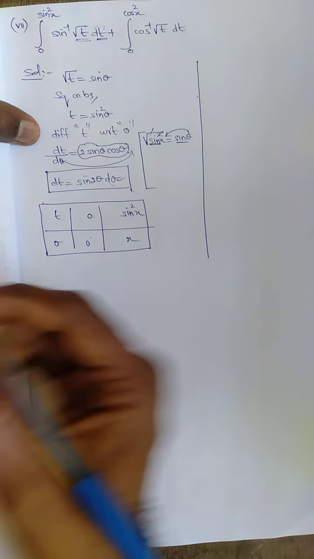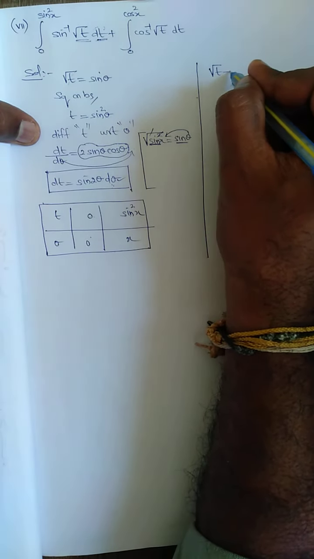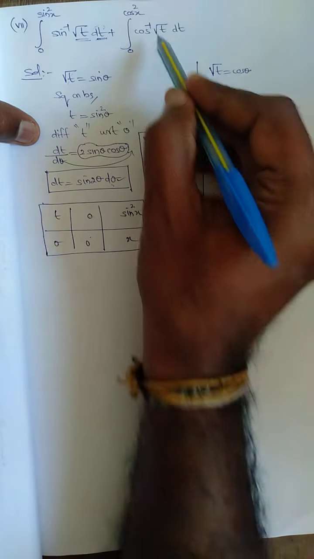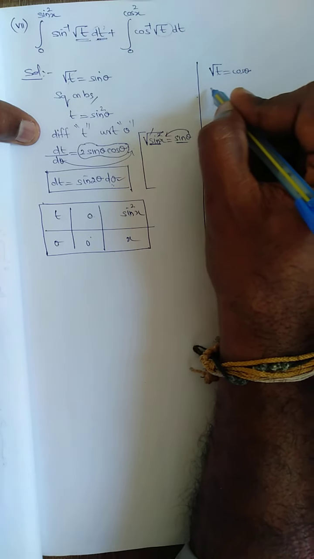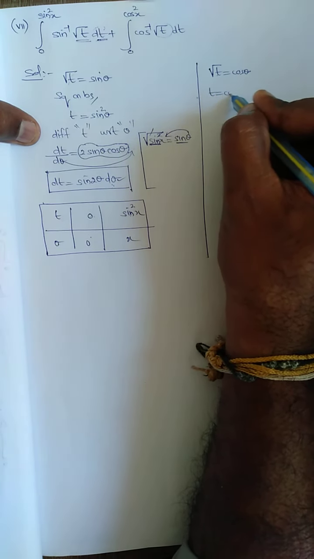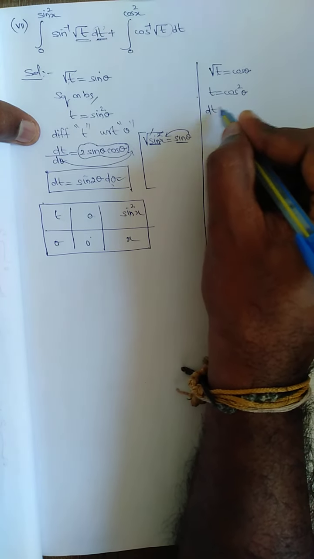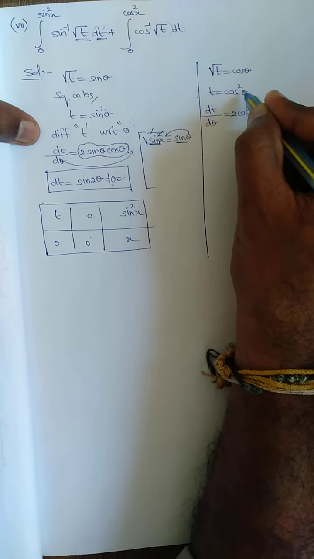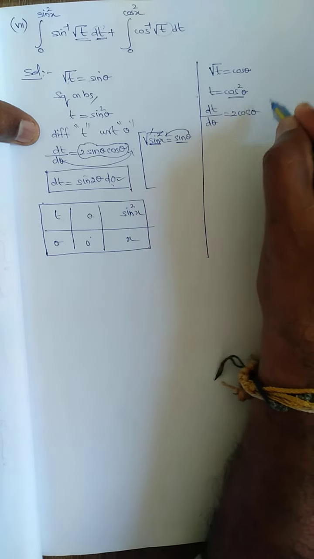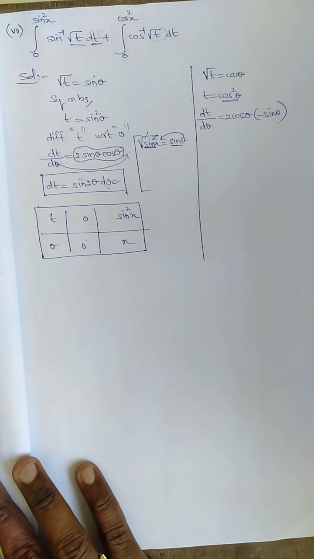So how are we going to change it? Simple, the same. I am going to assume root t as cos theta, because it is cos theta, not x. Squaring on both sides, t is equal to cos square theta. Differentiate t with respect to theta. dt by d theta is equal to, bring down the power, 2 cos theta, and differentiate cos theta, which is minus sin theta.